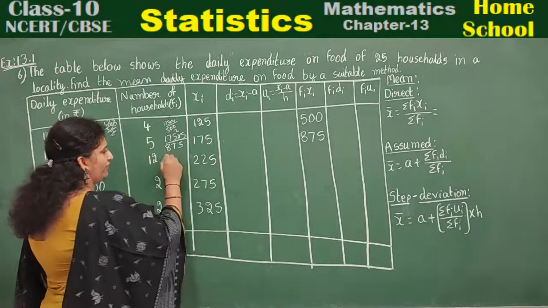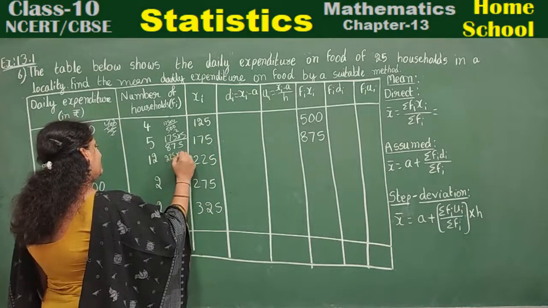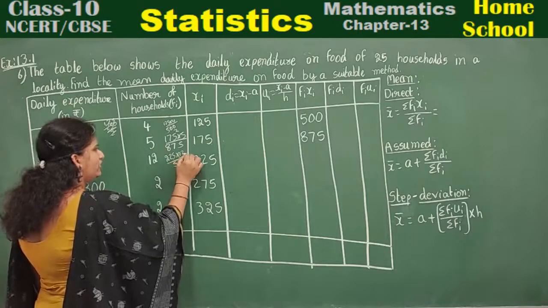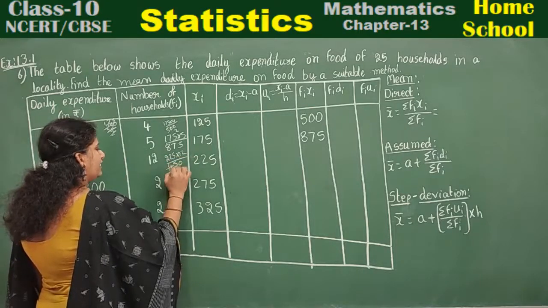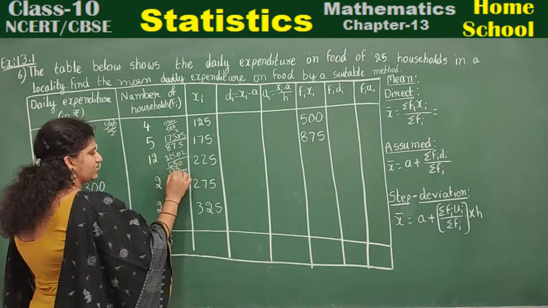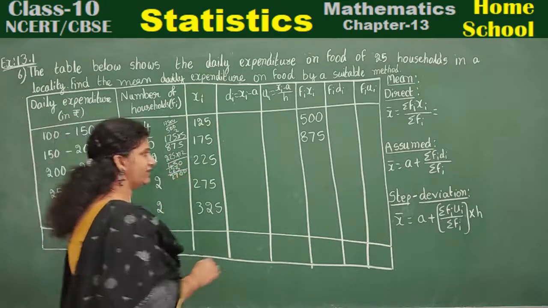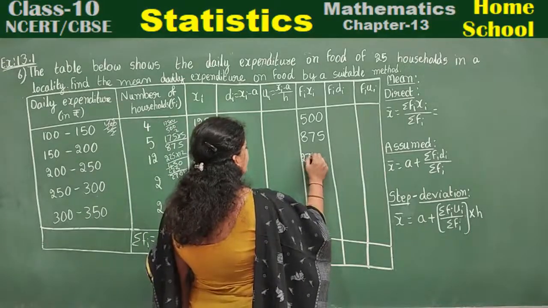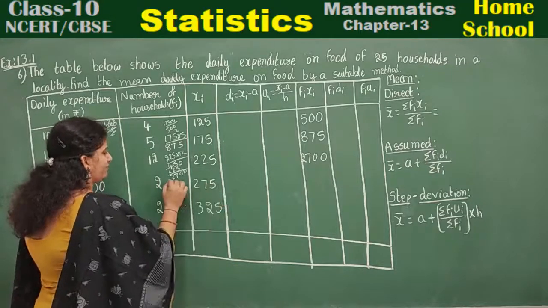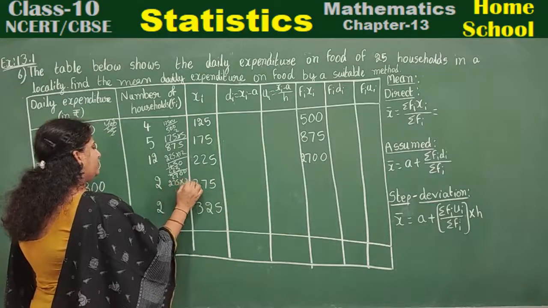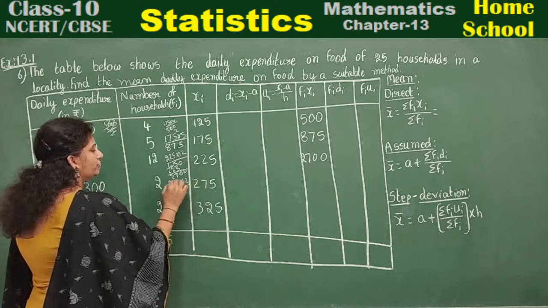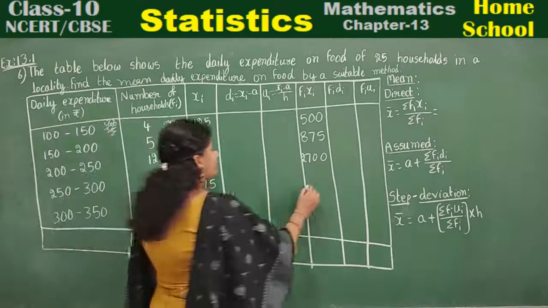12 into 225. 225 into 12 is 2700. Next, 2 into 275. 275 into 2 is 550.